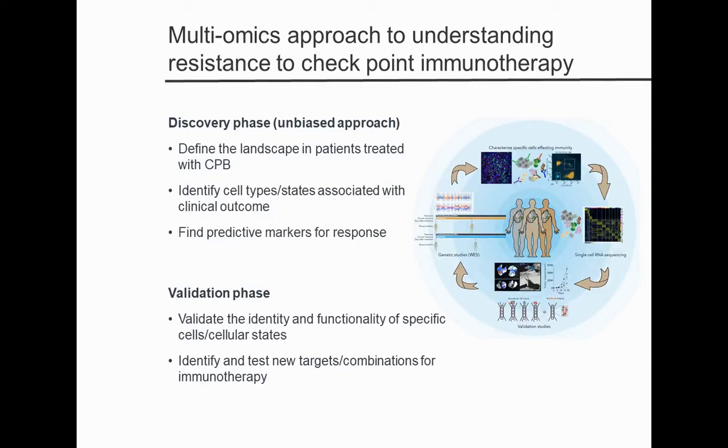The second part is the validation phase. Once we identify either a cell or a specific gene that is associated with a clinical outcome, we build our hypotheses and then experimentally check them. This could be done by using ex vivo systems, in vivo systems, and other functional assays.